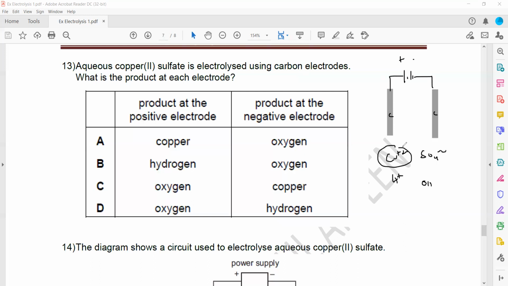So copper ions are attracted towards the cathode, so they will form copper metal. The product at the cathode will be copper metal, and sulfate does not move, so hydroxide will move, and whenever hydroxide moves, it will give oxygen. So the product at the negative electrode will be copper, and at the positive electrode will be oxygen.